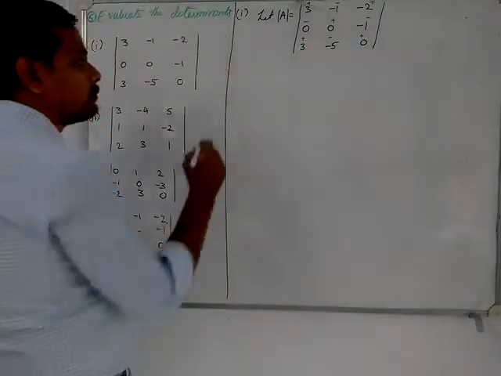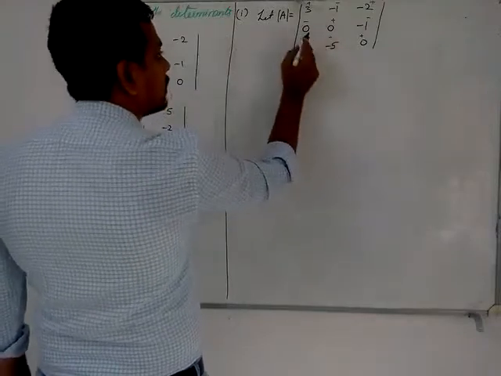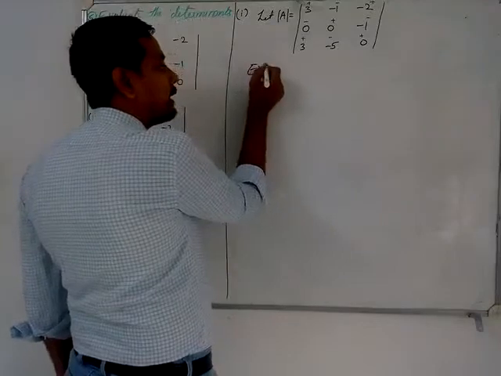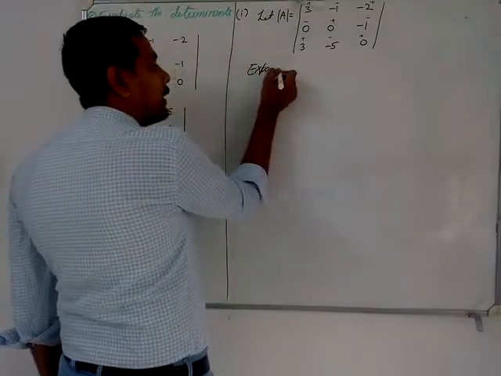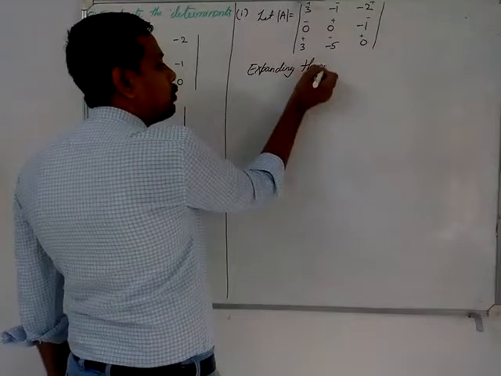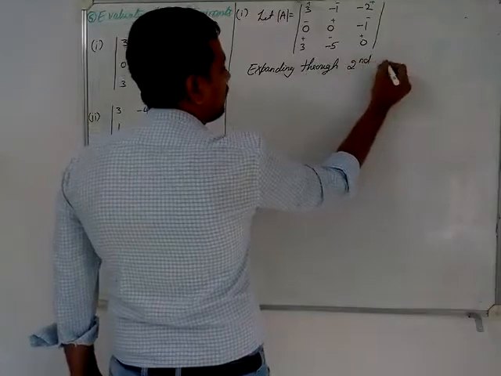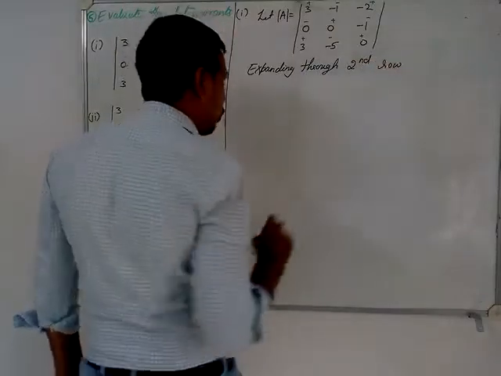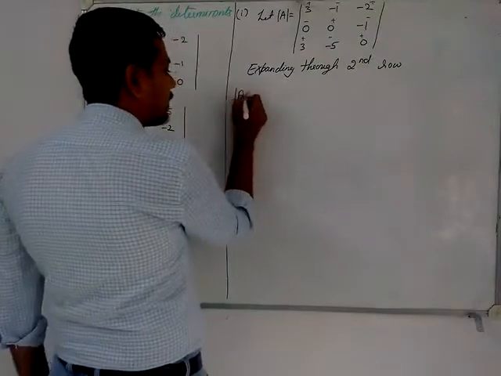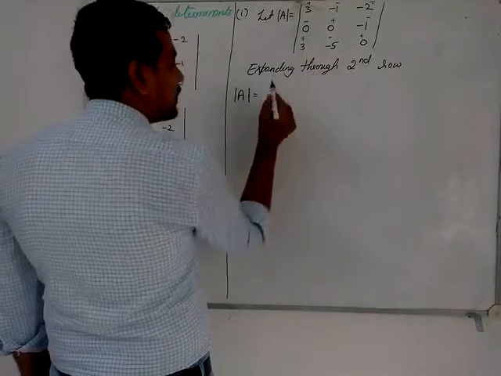Expanding through the second row, what is the first element in the second row? 0.